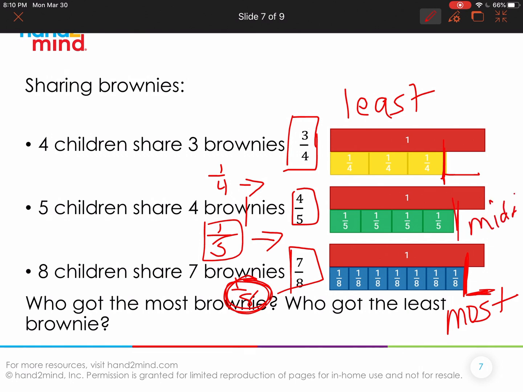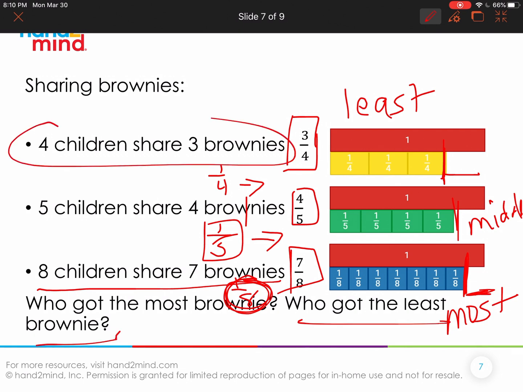So they were right, it wasn't fair. Who got the most brownie? The 8 children with 7 brownies got the most brownie. And who got the least brownie? Oh, it's these poor people, the 4 children who had to share the 3 brownies.